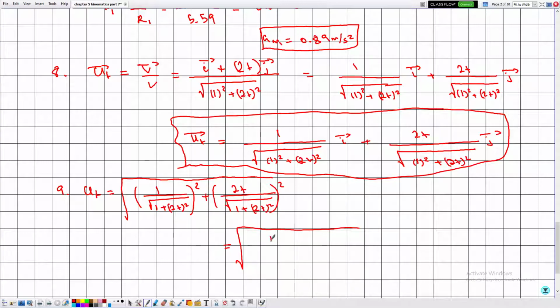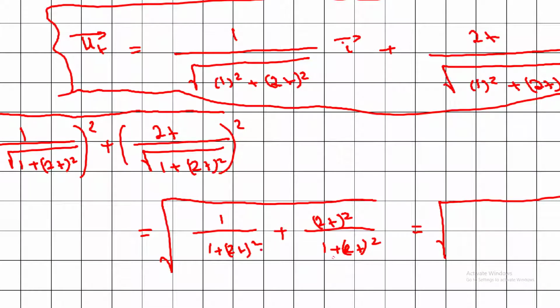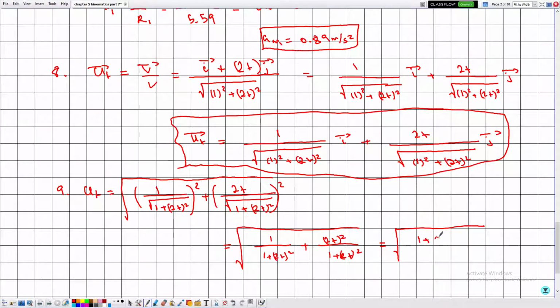Now squaring, we get 1 divided by 1 plus 2t to the power 2, plus 2t to the power 2, because this power 2 is for the numerator and for the denominator. So this is equal to, we can do the common denominator, 1 plus 2t square over 1 plus 2t square, and eventually this is equal to 1. So radical 1 is equal to 1.